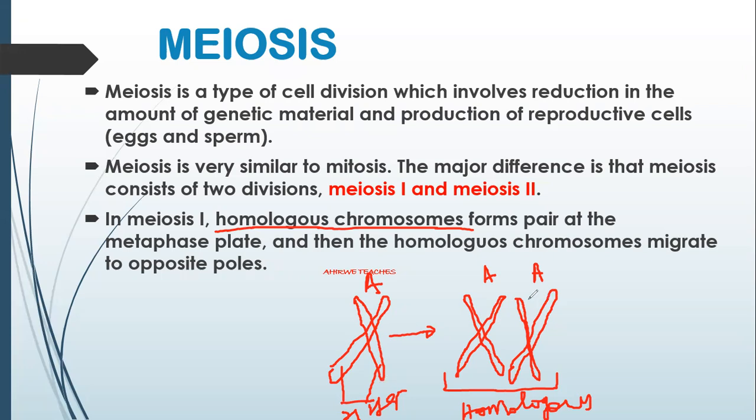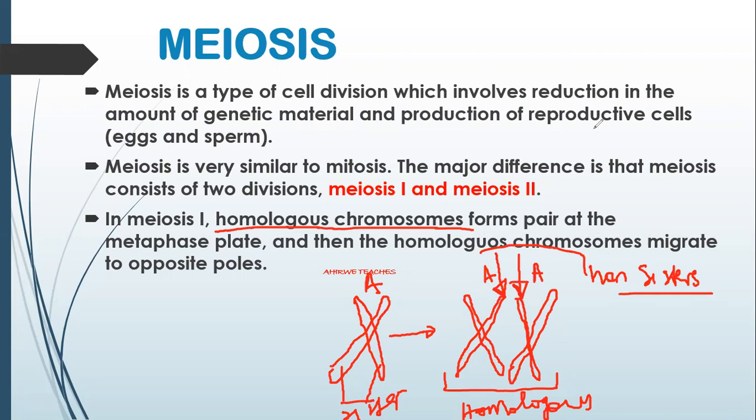And then this one and this one are chromatids of different chromosomes, so they are referred to as non-sister chromatids, but of homologous chromosomes. Homologous means the same. I hope this one is okay.